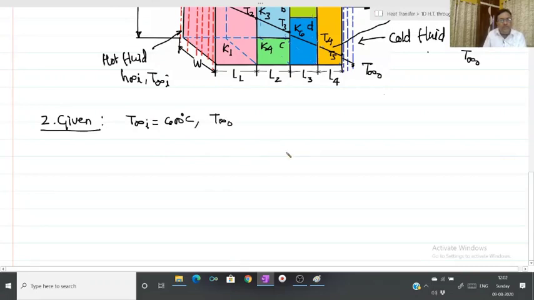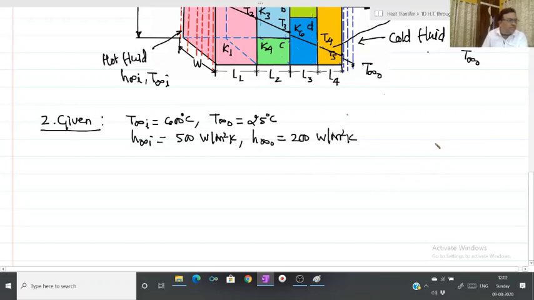Cold fluid temperature is given as 25 degrees Celsius. Convective heat transfer coefficient of hot fluid is given as 500 watt per meter square Kelvin. Convective heat transfer coefficient of cold fluid is given as 200 watt per meter square Kelvin.